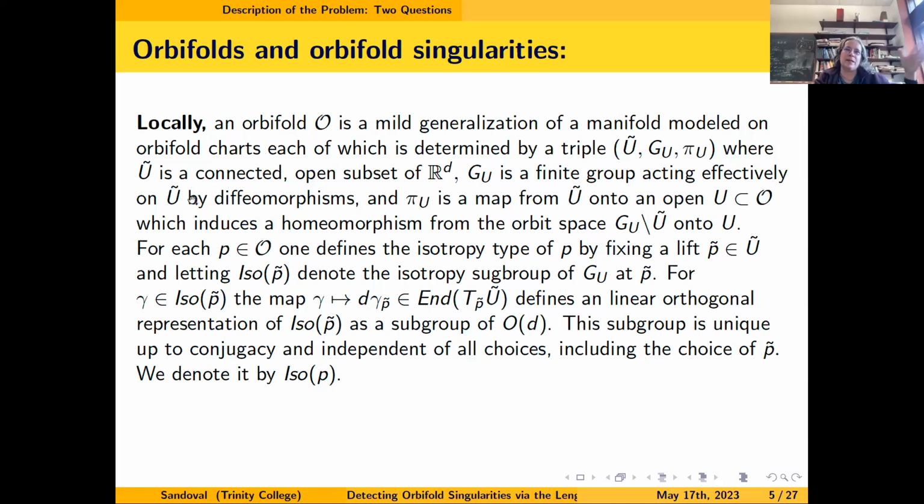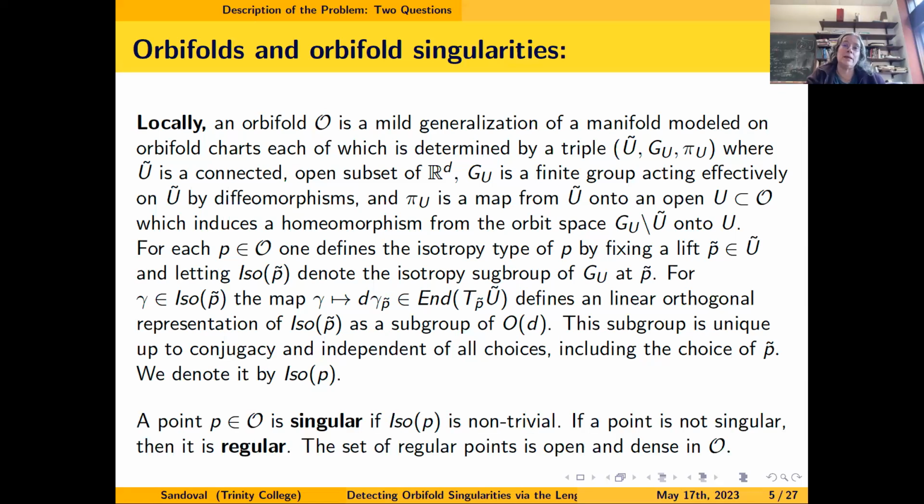For each γ in the group, we have a map Dγ at p̃ in the endomorphism group of the tangent space that defines a linear orthogonal representation as a subgroup of the orthogonal group O(d). The subgroup is unique up to conjugacy, and everything is independent of all choices, as I mentioned. So we're just going to call that Iso(p).